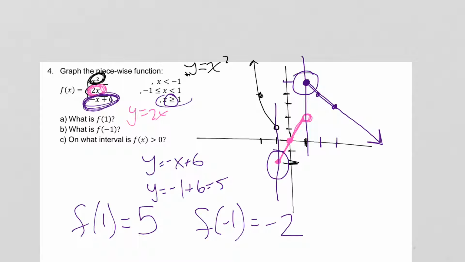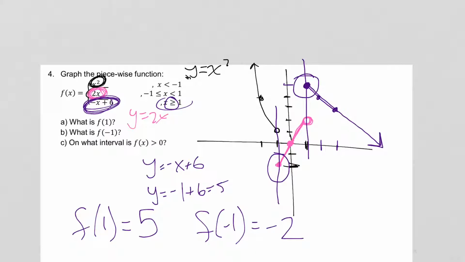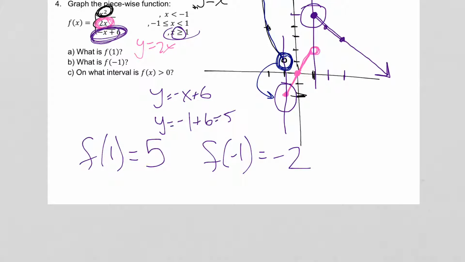And then finally, on what interval is f of x greater than 0? That is just asking you, hey, tell me the x values where this function is positive. Well, notice that we're just a positive parabola, like all the way over here, all negative x values, until I hit that open circle, because at that point I jump down. So we are starting all the way from negative infinity, because that graph goes on forever.